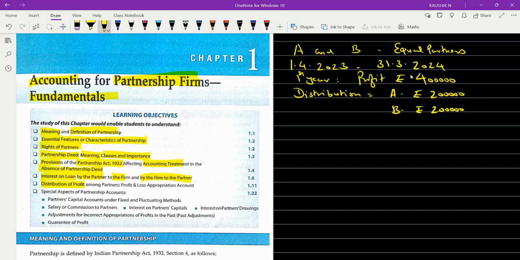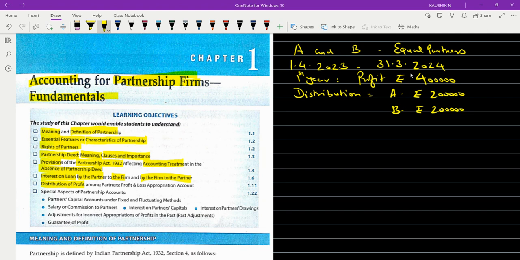Once you have completed that, then you prepare the balance sheet. While preparing the balance sheet, you just add the amount of net profit to your capital. If you have incurred a loss, you will subtract the amount from your capital. So the net result is getting added to the capital and there it ends.